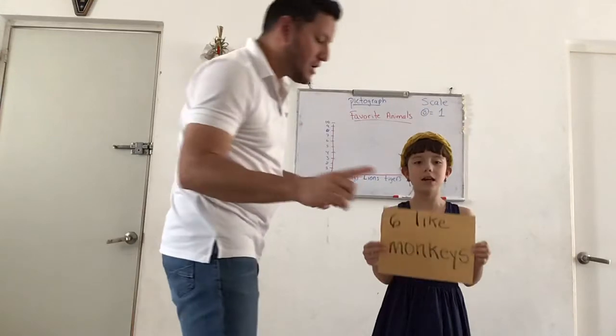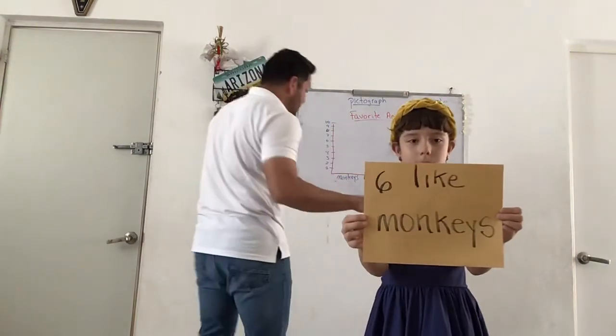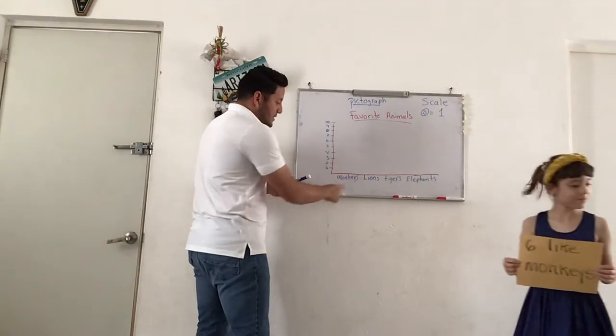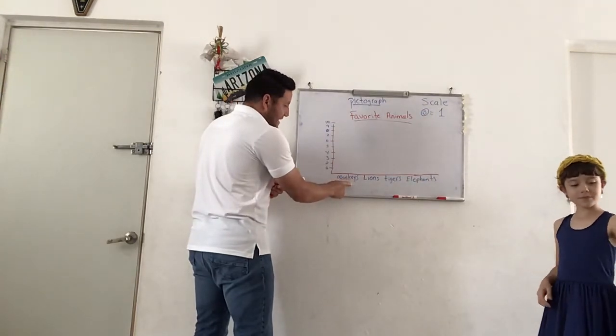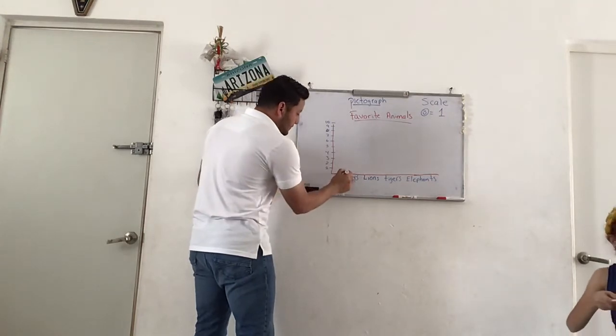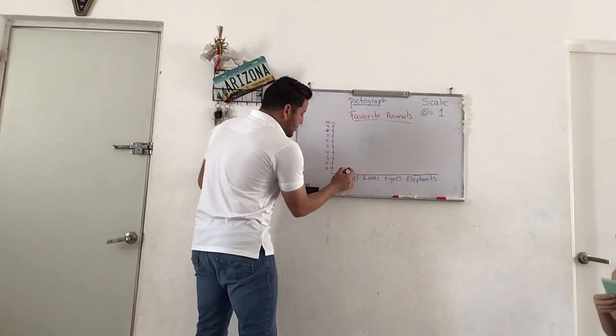Okay, what is the number? 6. And there are students that like monkeys. Okay, so attention please. Listen. Okay, so we go to monkeys. And we go all the way to number 6. I'm sorry. We're going to do it with a smiling face.